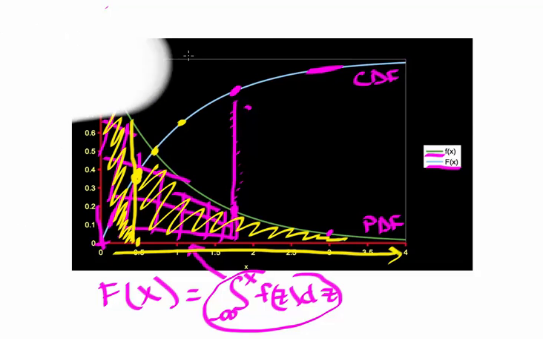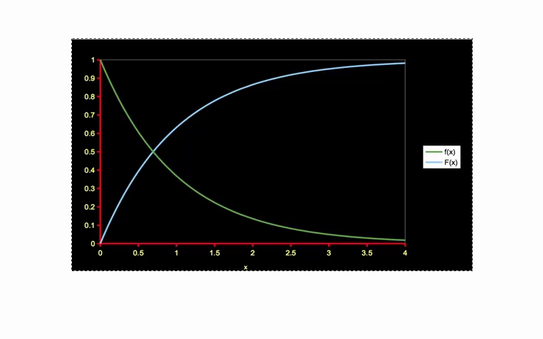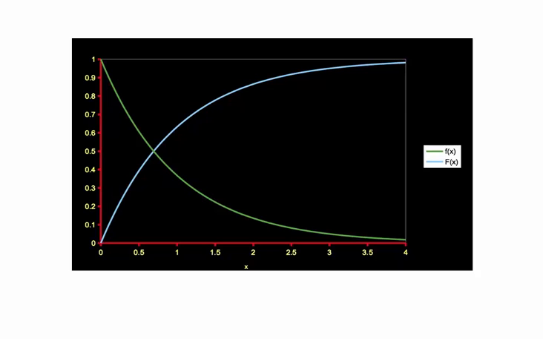Okay, so how can we use this to specifically compute probabilities? Let's say we're trying to find the probability for a certain interval, and we call that interval from some arbitrary point x1 to x2.